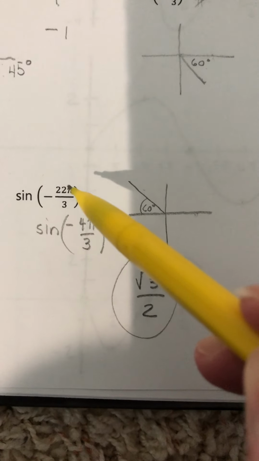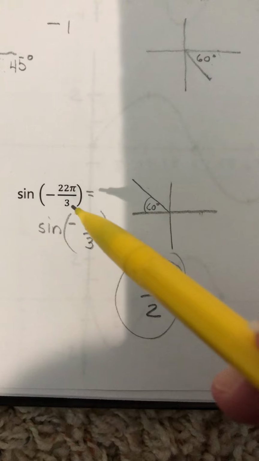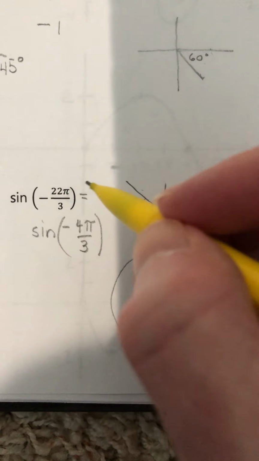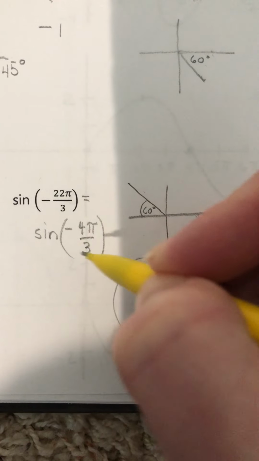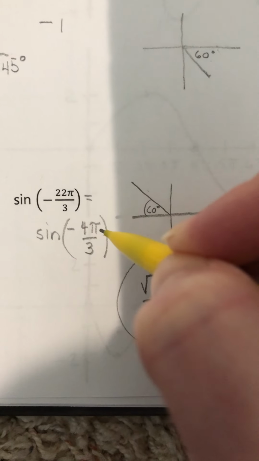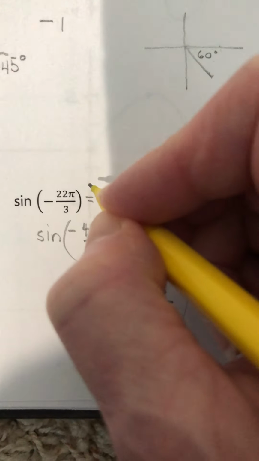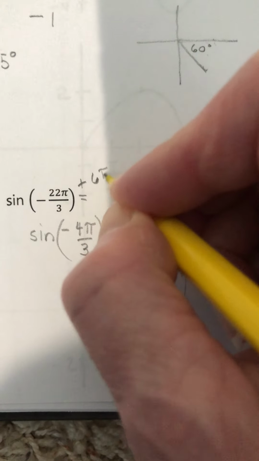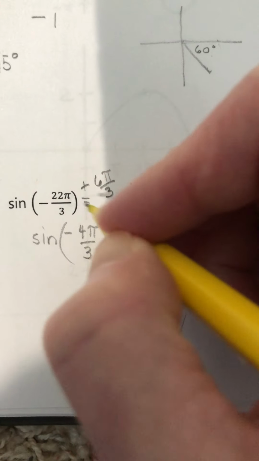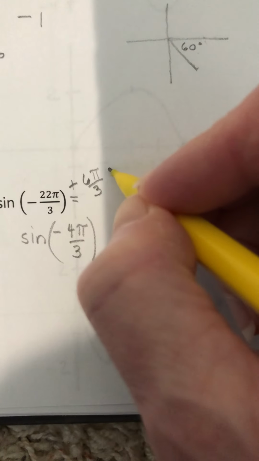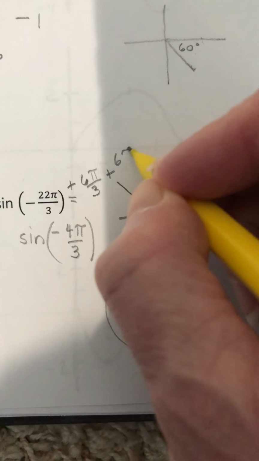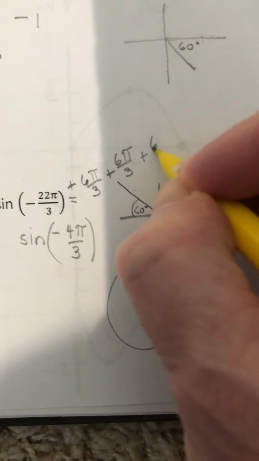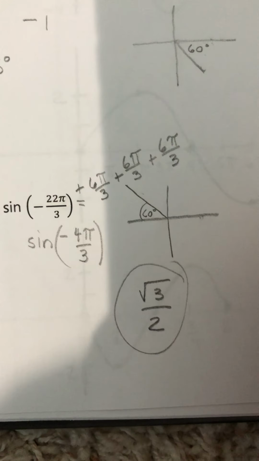The sine of negative 22 pi over 3. You're going to keep adding 2 pi until you get this number, negative 4 pi over 3. So keep adding 2 pi, which after you find a common denominator, is 6 pi over 3. So that's going to be negative 16, add it again, that's negative 10, add it again, that's negative 4.